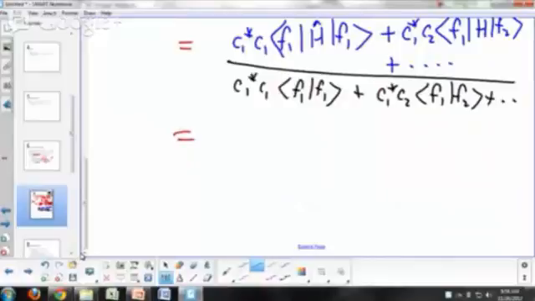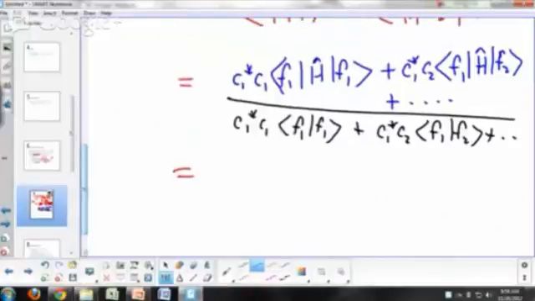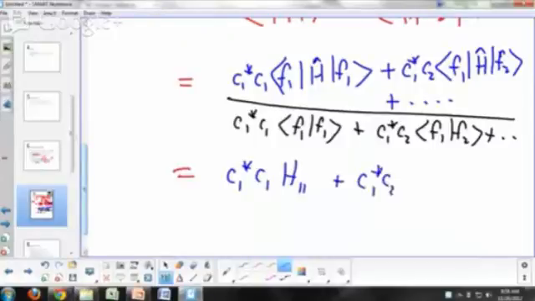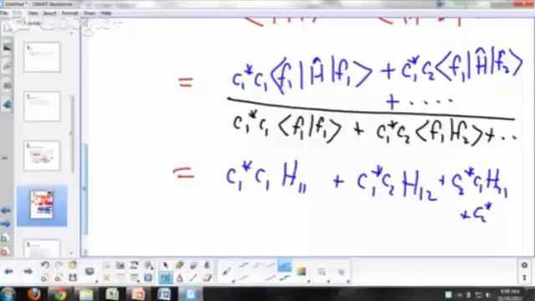So the numerator is just C1 star C1 H11 plus C1 star C2 H12, and then you're going to have C2 star C1 H21 plus C2 star C2 H22.